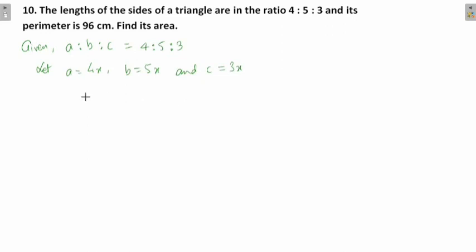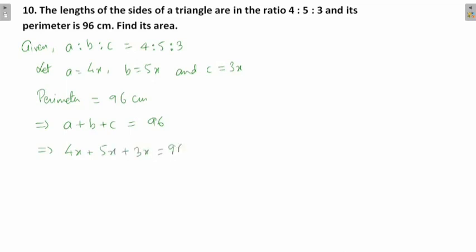Now it is given that the perimeter is 96 centimeter. So what is the formula for perimeter? It is A plus B plus C. So A plus B plus C is 96. A is 4x, B is 5x and C is 3x.